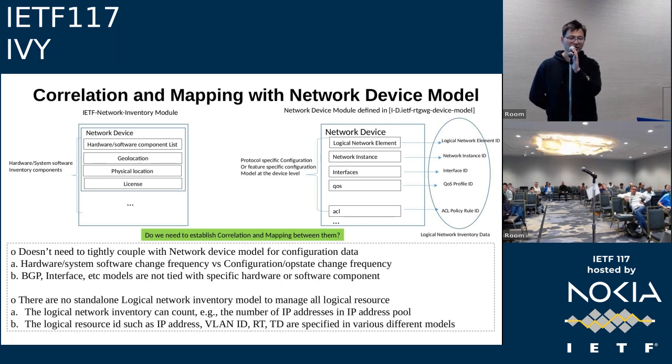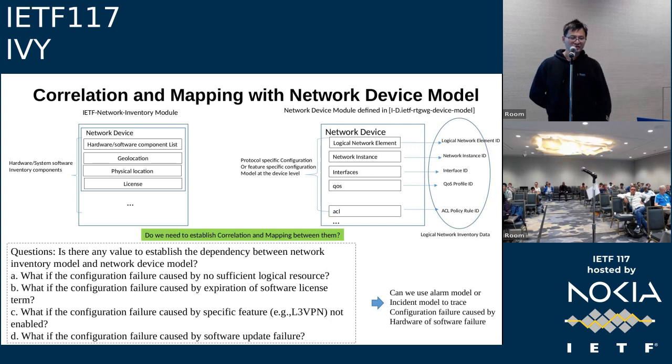Second, hardware and software components change less frequently than the configuration data or ops data. So now we don't have a standalone logical network inventory to manage all the logical resources like IP ID or VLAN ID, and this kind of logical resource ID is scattered or distributed in various different device level models. Next.